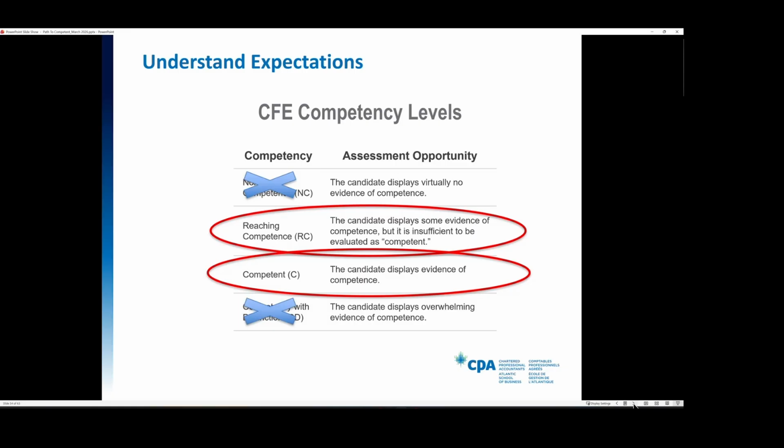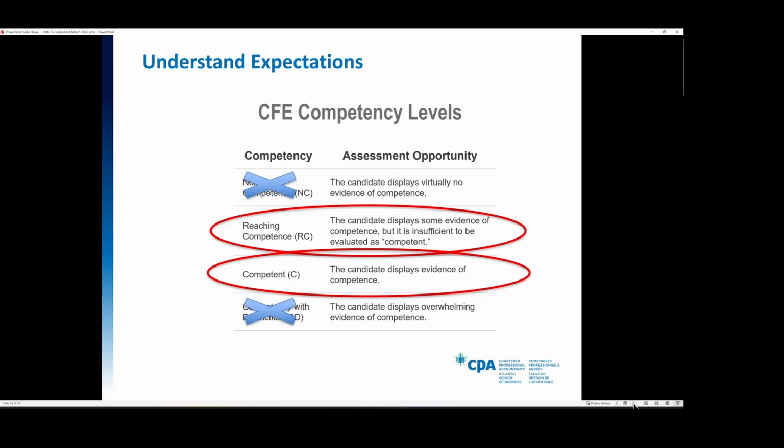Nominal competency is not going to be considered towards the requirements for each of the levels. Reaching competent will be considered when it comes to level 1 and level 4. Most importantly, your goal is to achieve as many competent responses as you can. Nominal competent means it's a very superficial attempt.